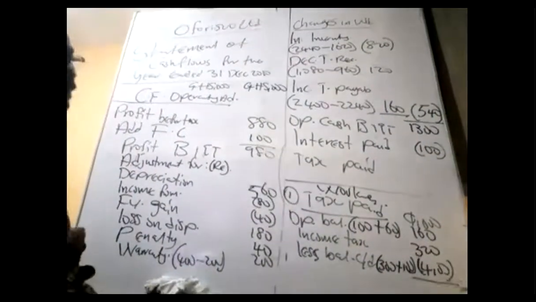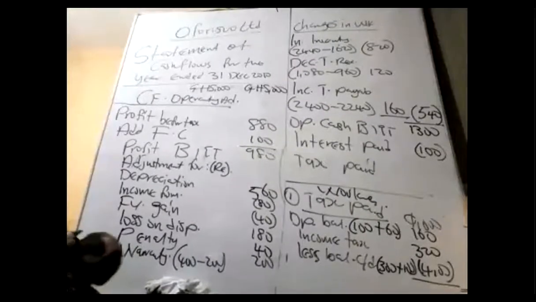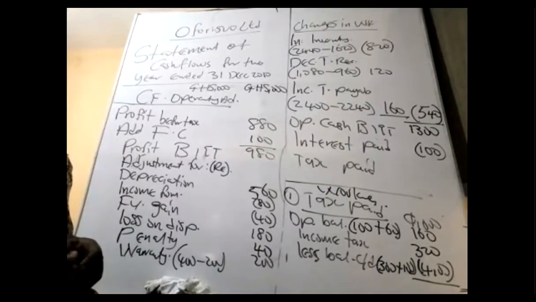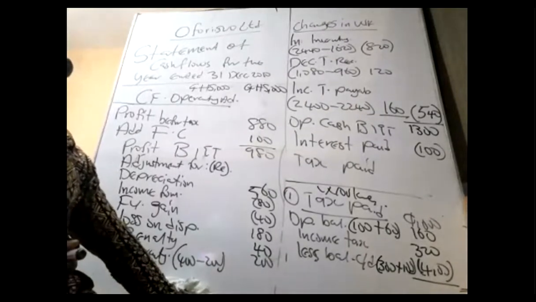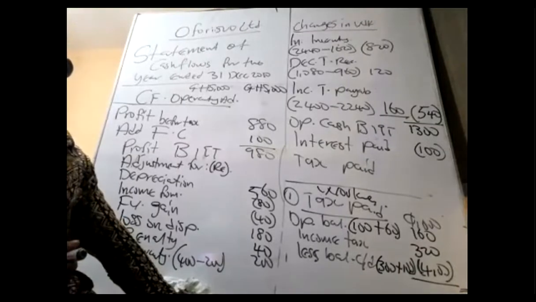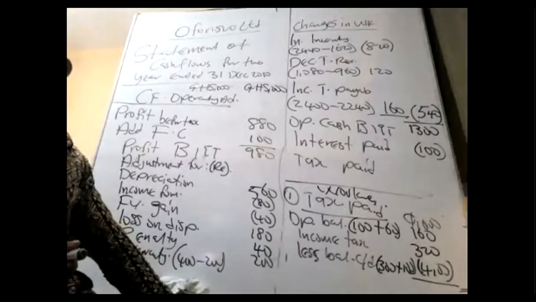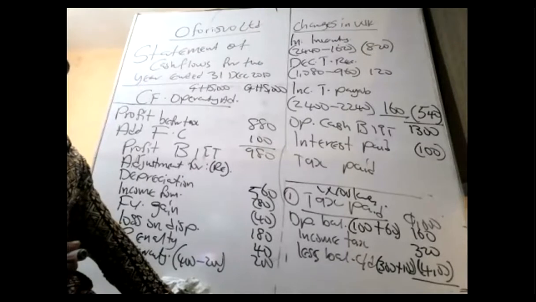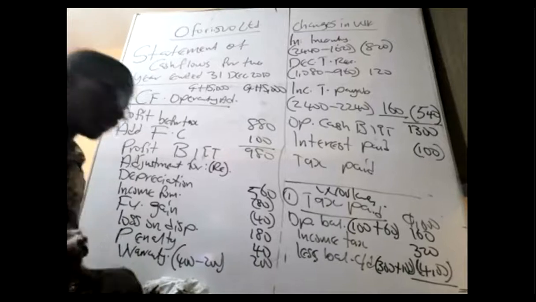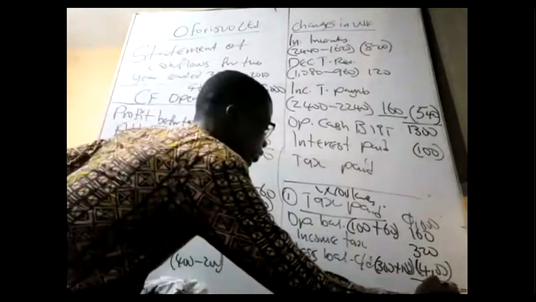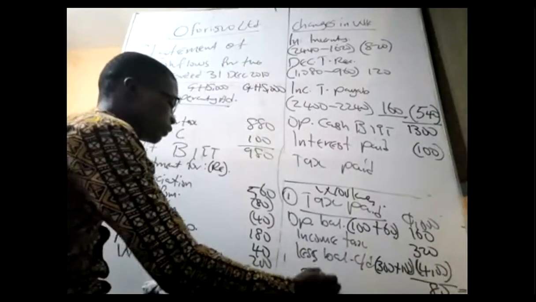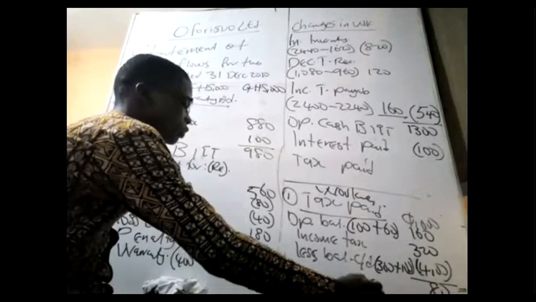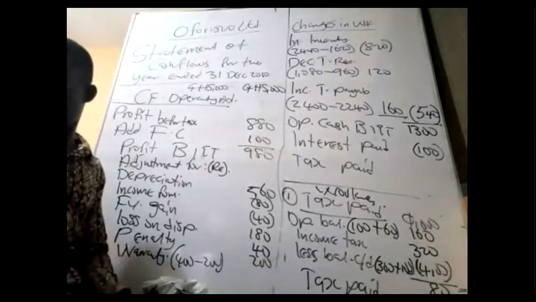That's all. Okay. So if you sum all up, what do you get? You get 80 positive. So this we call tax paid.